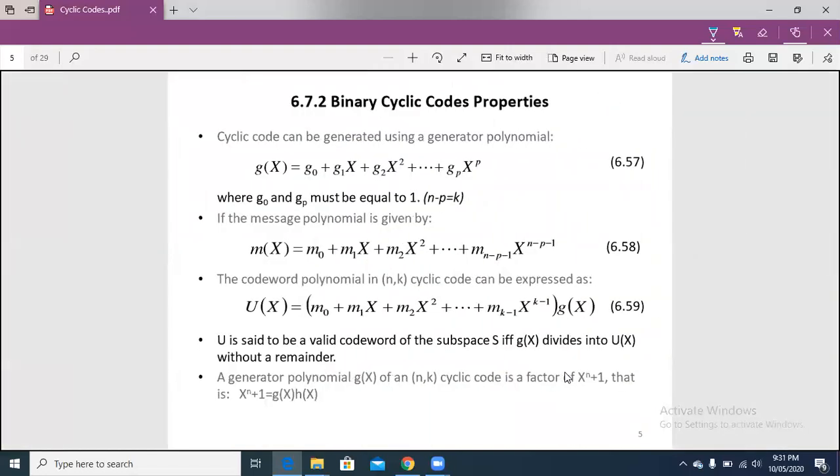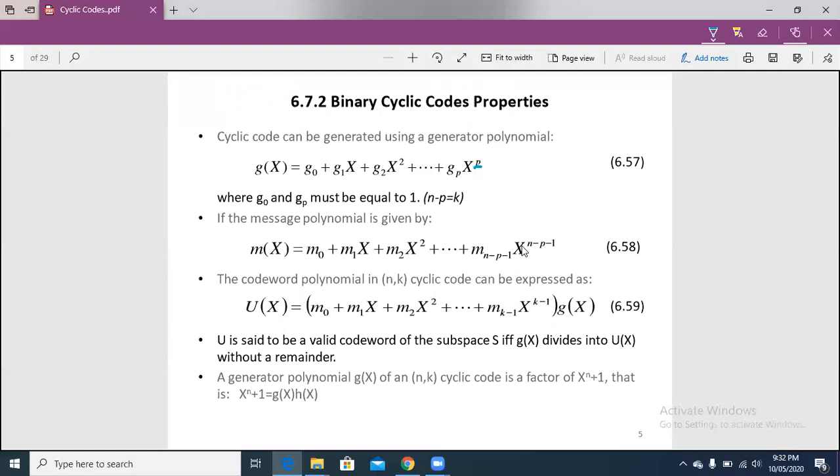Now we learned how we can use the generator polynomial. The generator polynomial is of order p, because in fact the generator polynomial introduces a parity of order p in the code word.